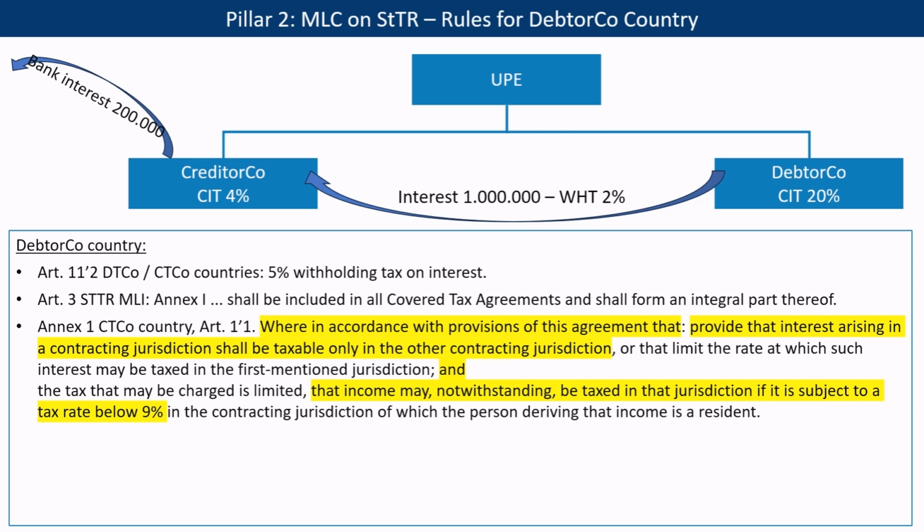Says, where in accordance with the provisions of this agreement, in other words, Article 11.2, that provide that interest arising in a contracting state shall be taxable only in the other contracting jurisdiction, or that limit the rate at which such interest may be taxed in the first jurisdiction, in other words, only to 2%, and the tax that may be charged in the other jurisdiction is limited, that income may, notwithstanding that, be taxed in that jurisdiction if it is subject to a tax rate below 9% in the contracting jurisdiction of which the person deriving that income is a resident, right?